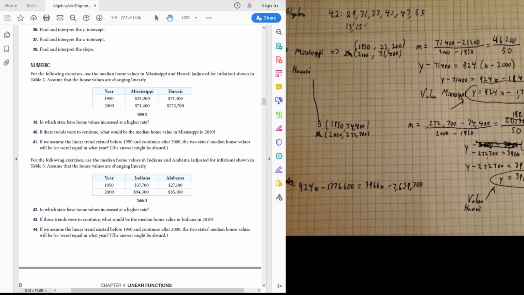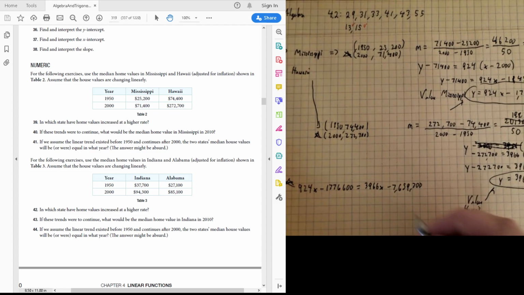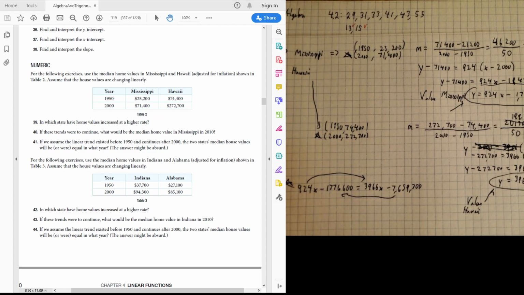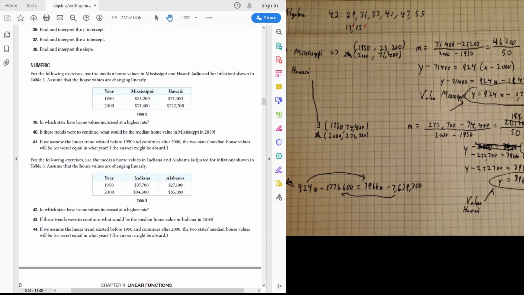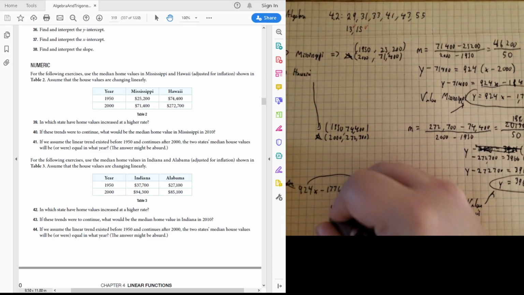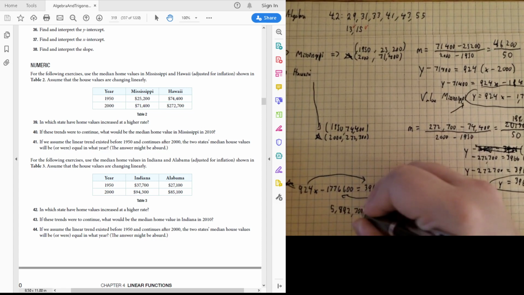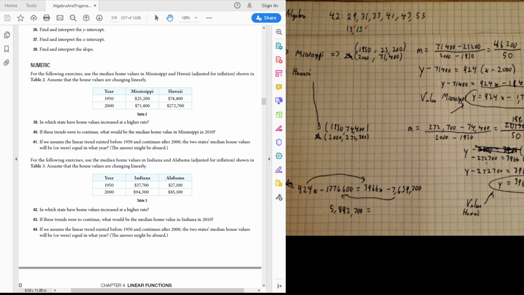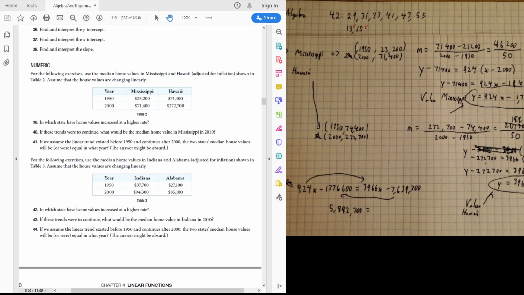Now I'm going to actually solve this thing. I'm going to solve this thing by moving this number over first and then moving that number over as well. If I move the 7 million over, I get 5,892,700. If I move the 924 over, I get 3966 minus 924.